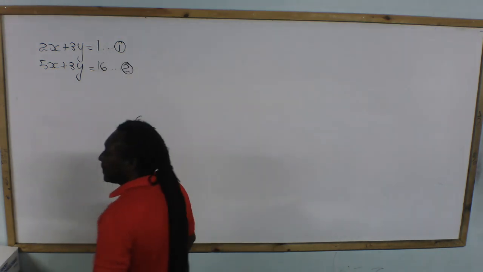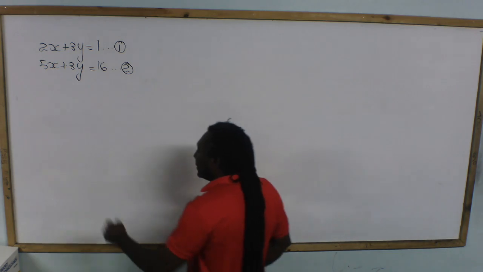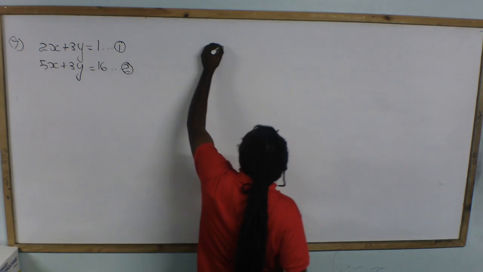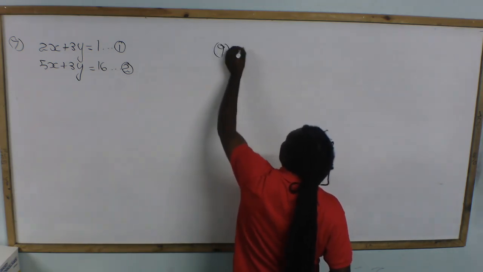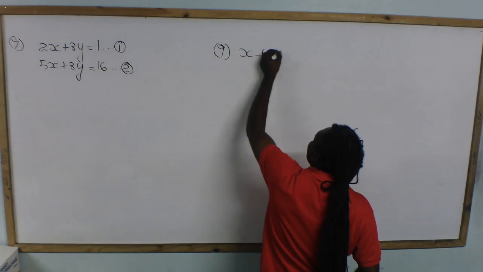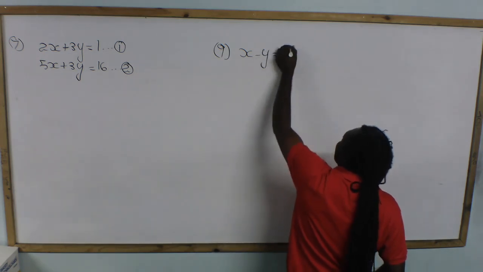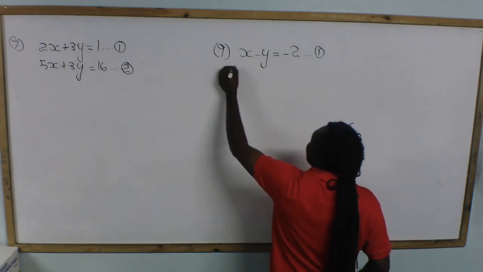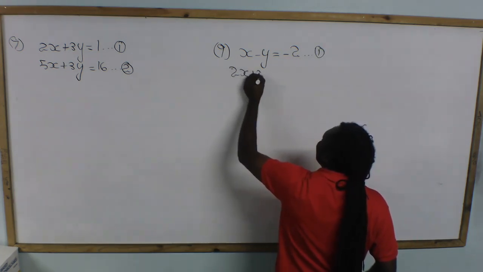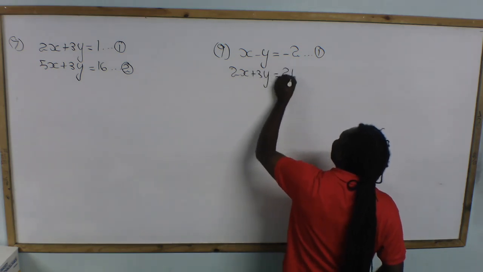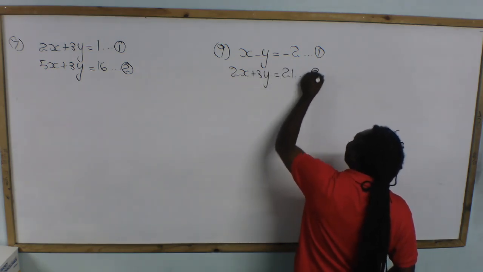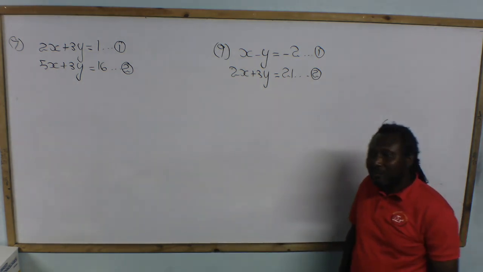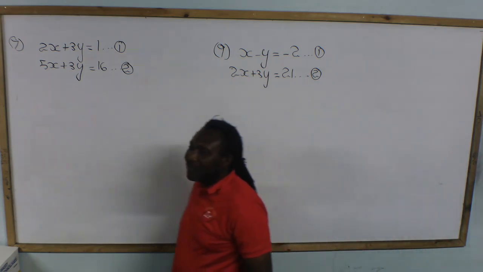That is your equation. Well, let's put number 9 on it right away. X minus y is equal to... Those are the problems that we have.